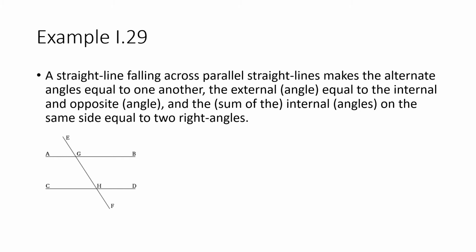Okay, then this is going to our alternative internal angles. So a straight line falling across parallel straight lines makes the alternative angles equal to one another. Alternative means this one is equal to this one. BGH is equal to GHC.